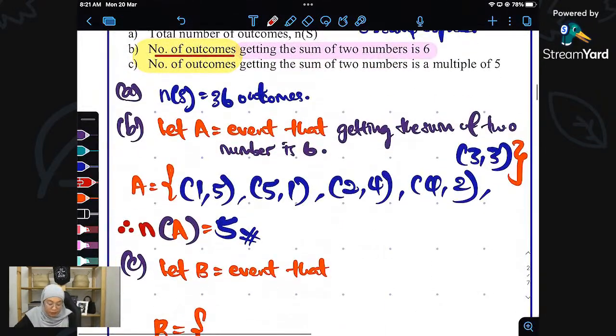And then question C. Find the number of outcomes getting the sum of two numbers is multiple of 5.